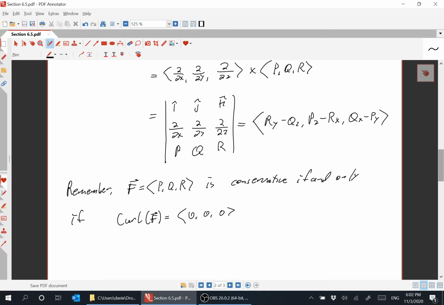So in that sense, curl definitely has some sort of meaning to it, right? It tells us when the vector field is conservative. Let's actually take a look at that. It's actually kind of a nice little calculation.